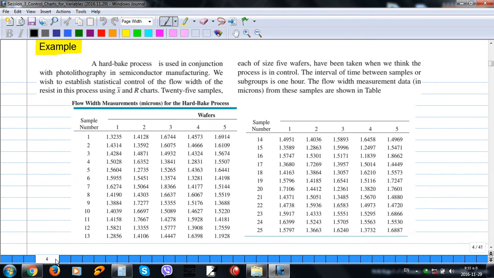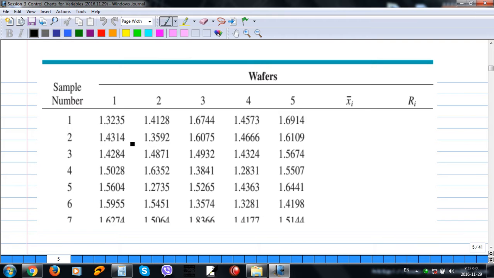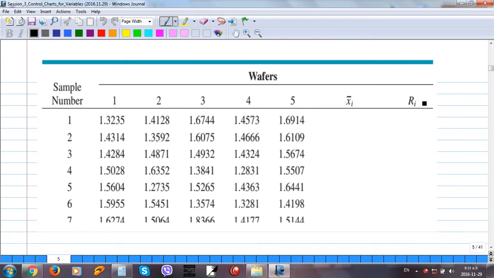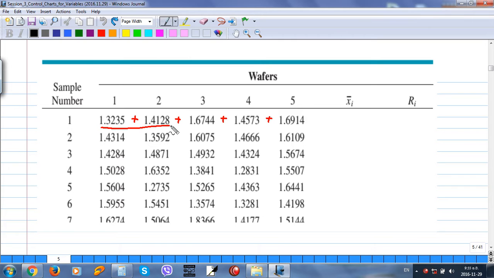To do this, first we have to find the X bar of each sample and also the range. If we need to find X bar, we have to add all the entries in the sample, and then divide by the number of entries.